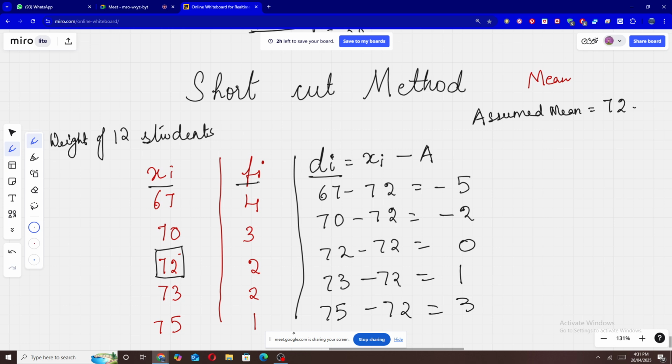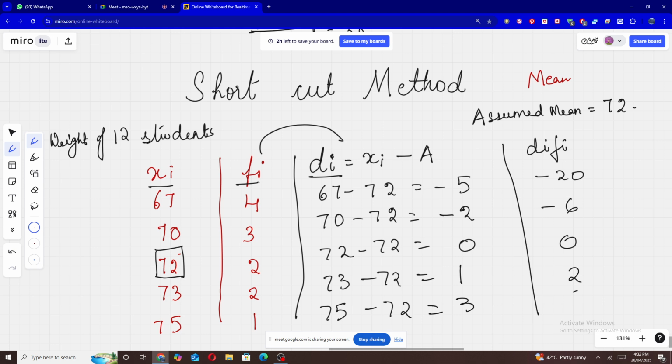Instead of xi, I will be using this column. I will not be using xi. Now I will be using di into fi, or fi di. These two I will multiply. 4 into minus 5 is minus 20.